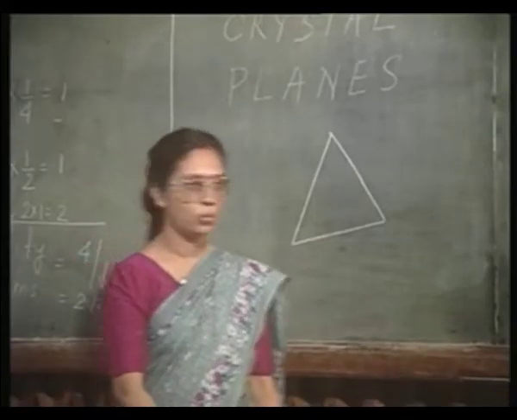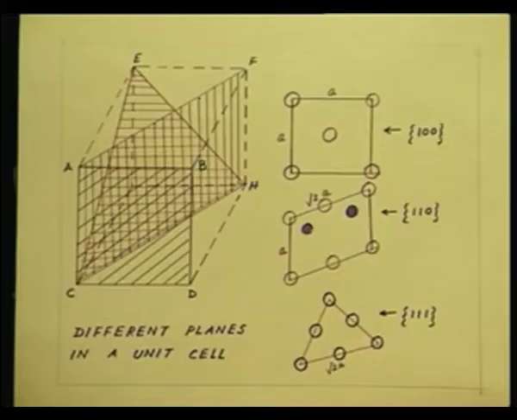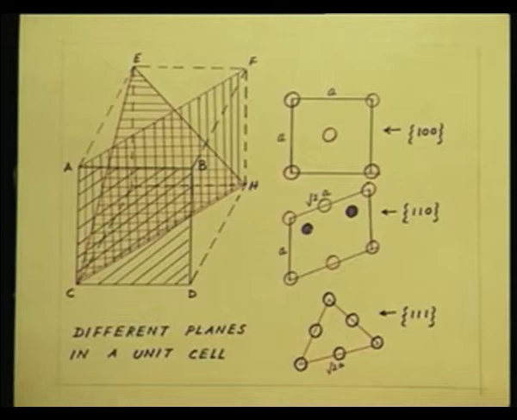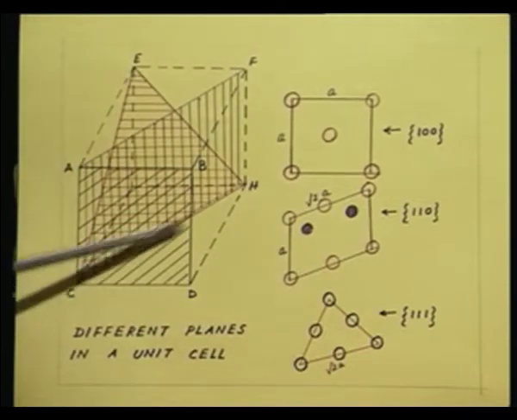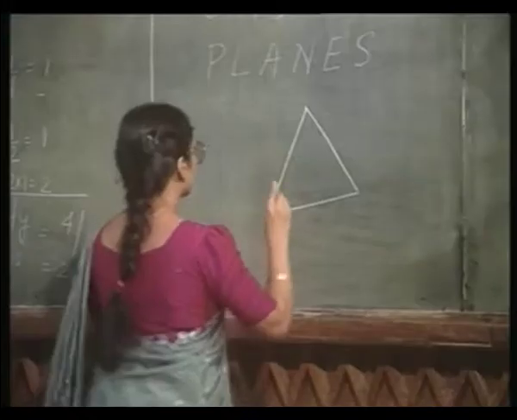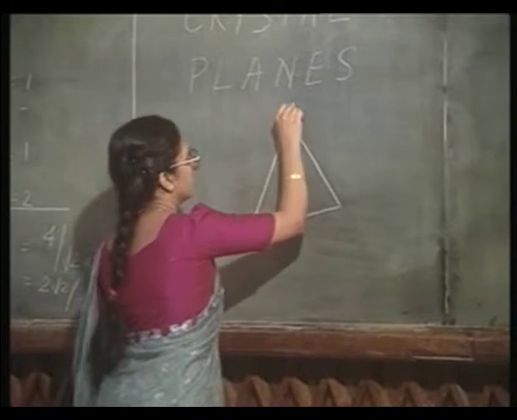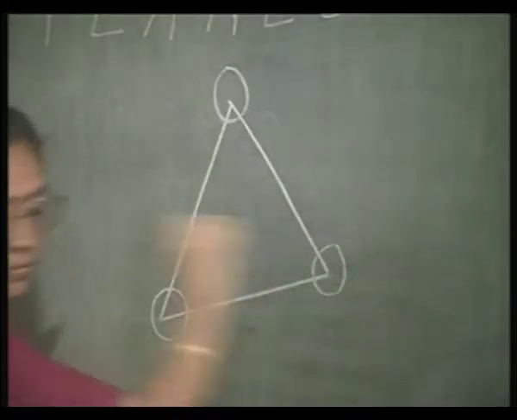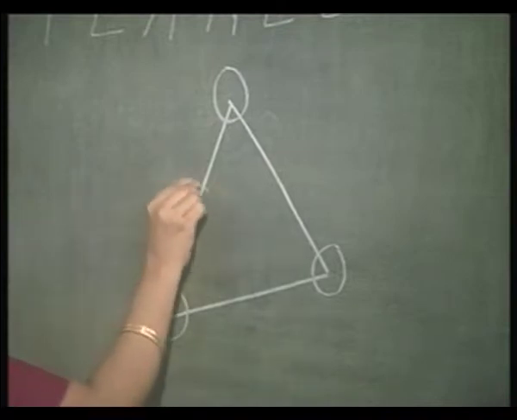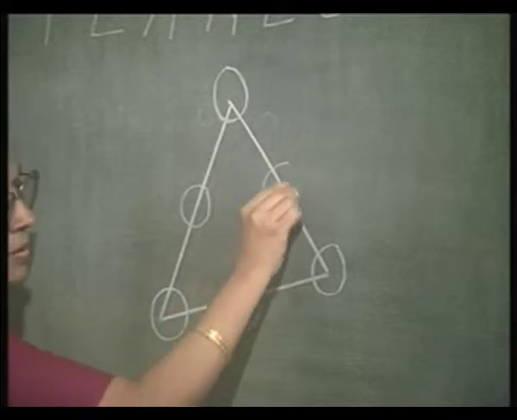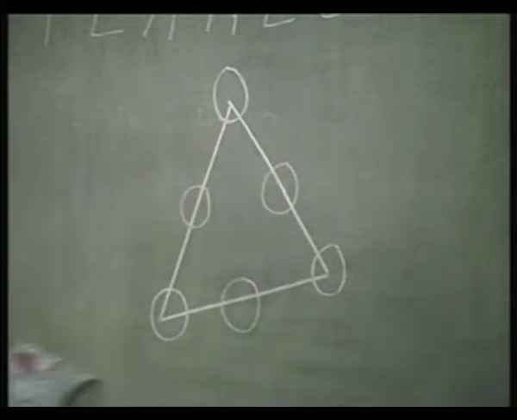This is the 111 plane, as you can also see here. This plane ECH. Where are the atoms located? At the 3 corners. These are the 3 corner atoms and the 3 face centered atoms, right.